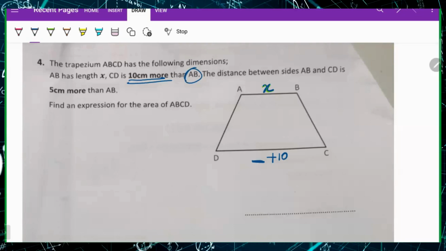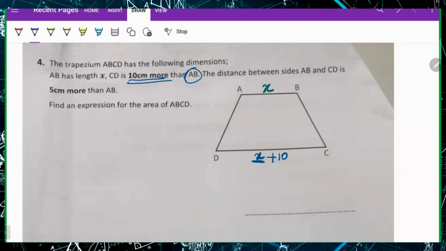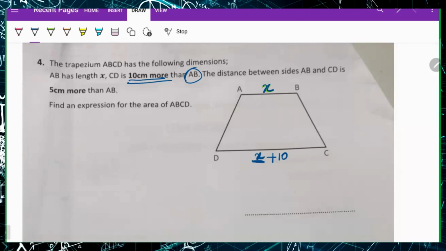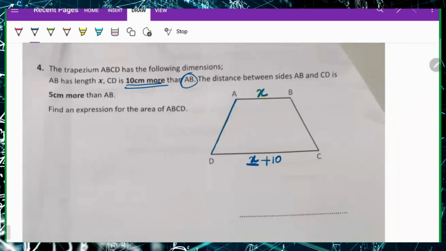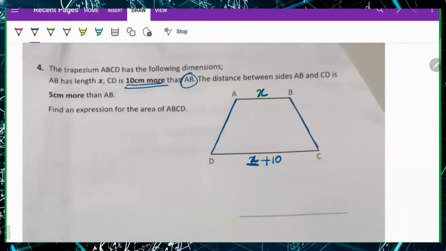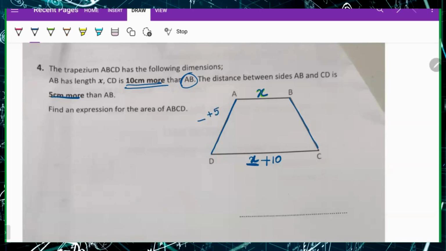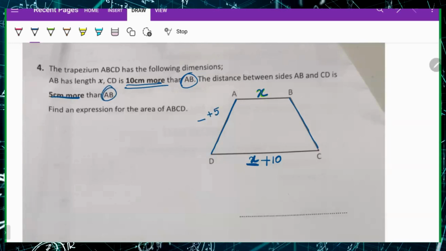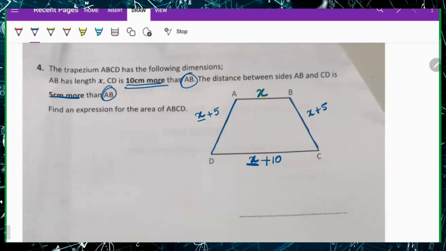Whatever comes after the word than, you have to put it in the blank. So it's going to be x plus 10. Now, it says the distance between AB and CD is 5 more than AB. So you leave some space and write plus 5 than AB. Again, put what comes after the word than in the blank. So x plus 5.